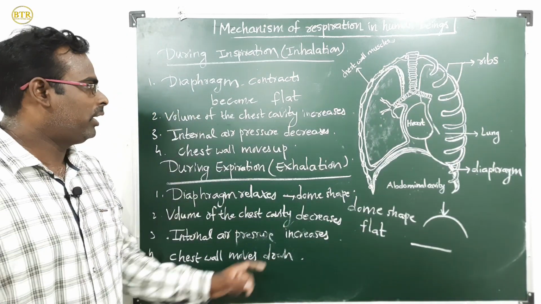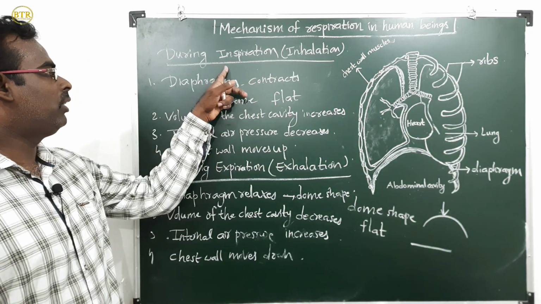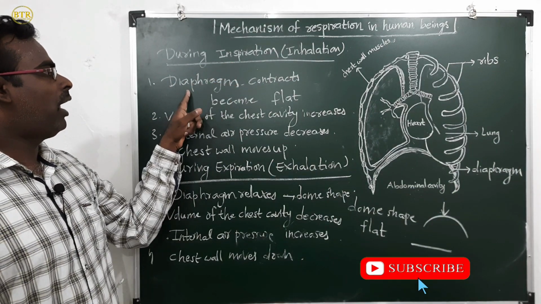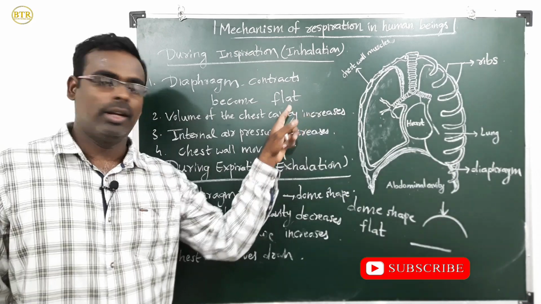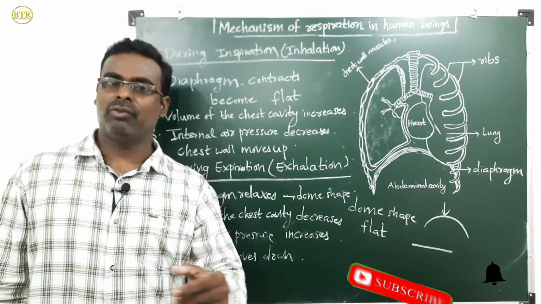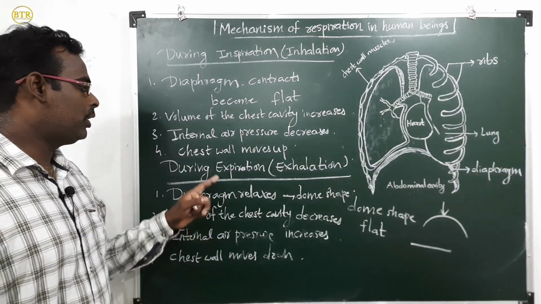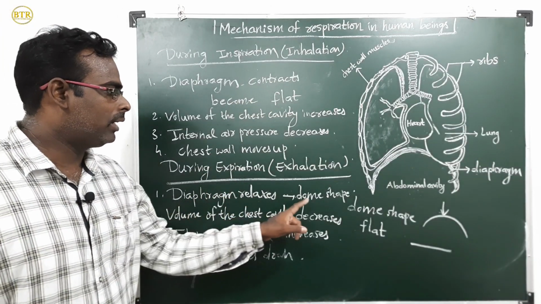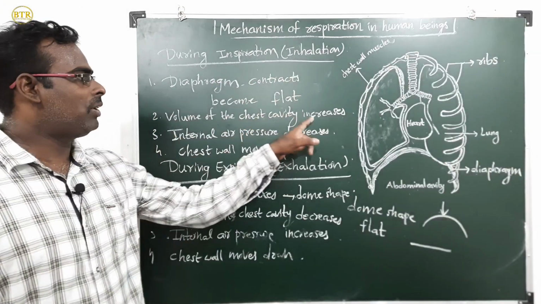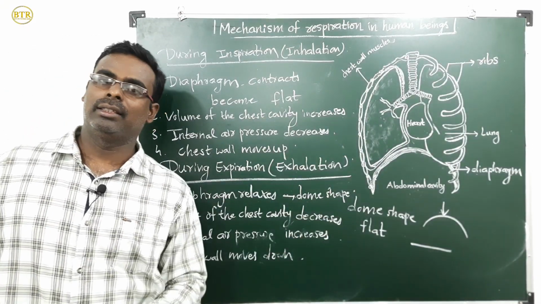So here, let us study the differences between expiration and inspiration. First point, during inspiration, diaphragm contracts and becomes flat. During expiration, diaphragm relaxes and gets the dome shape. Second point, during inspiration, volume of the chest cavity increases; during expiration, it decreases.